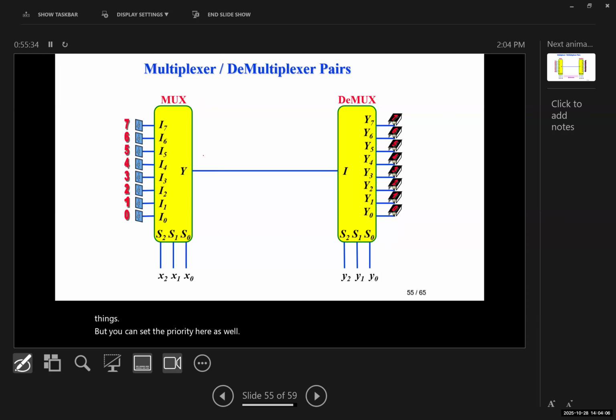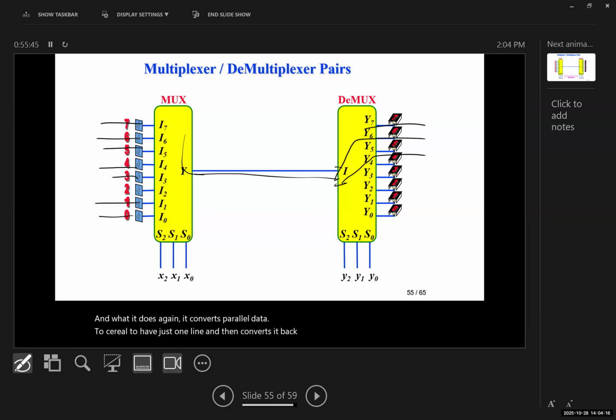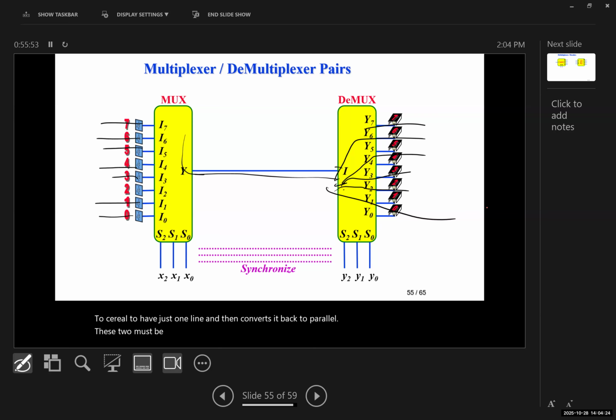And what it does, again, it converts parallel data to serial to have just one line, and then converts it back to parallel. These two must be synchronized. Again, the reason is we don't want the data to come on the line Y and suddenly I for the second one doesn't accept it, and then the data would be ruined, okay?